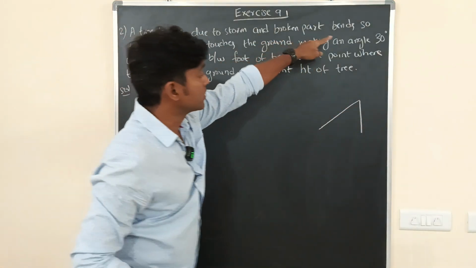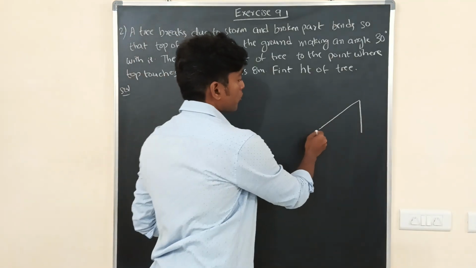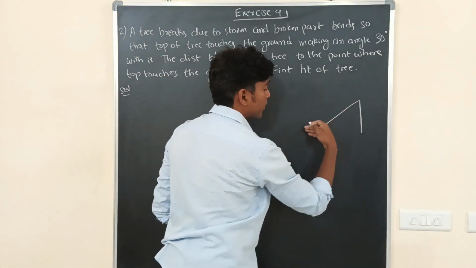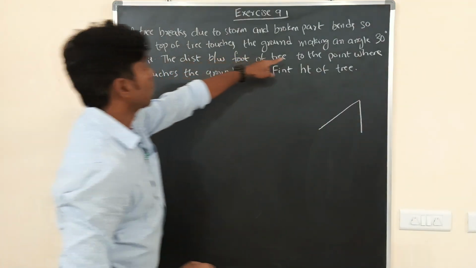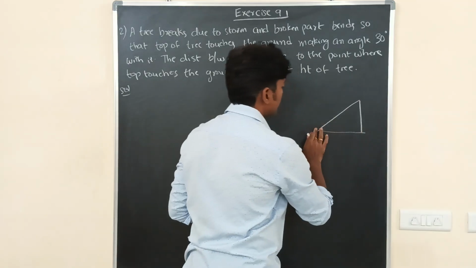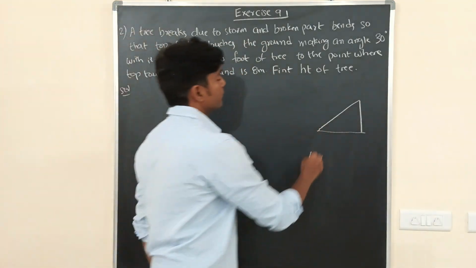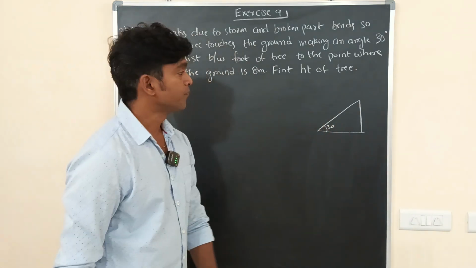The broken part bends so that the top of the tree, this will be the top of the tree, touches the ground, making an angle of 30 degrees with the ground.